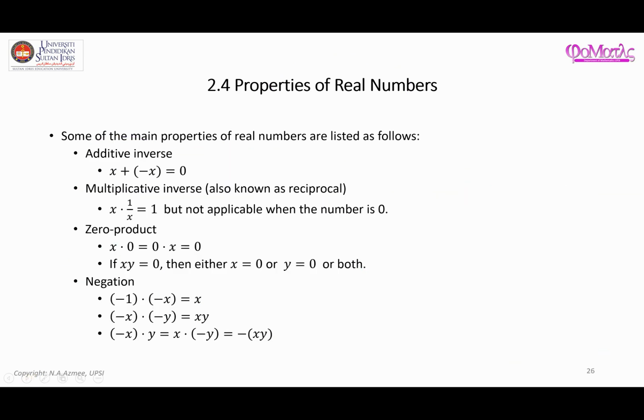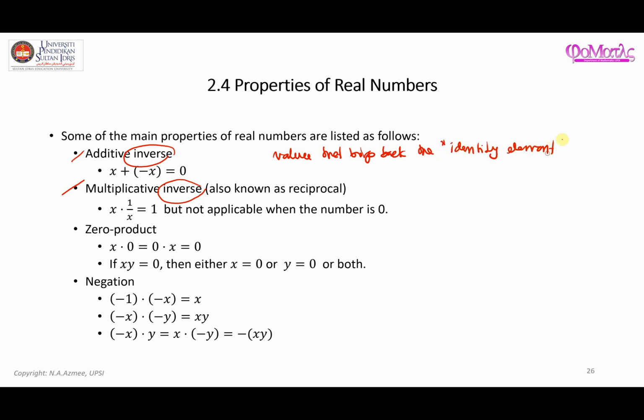Alright, let's talk about additive inverse. When you talk about additive inverse or multiplicative inverse, now we're talking about inverse. Basically, you want to find a value that brings back the identity element.